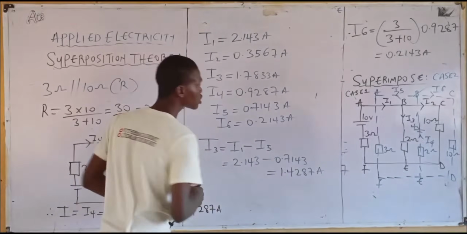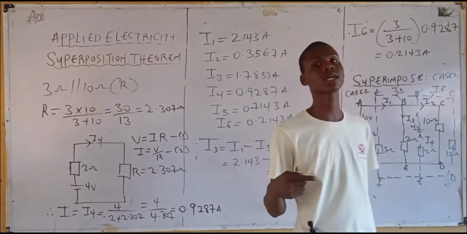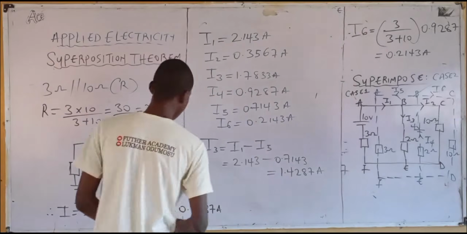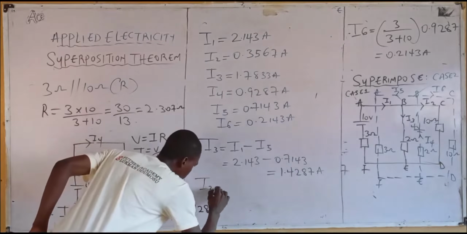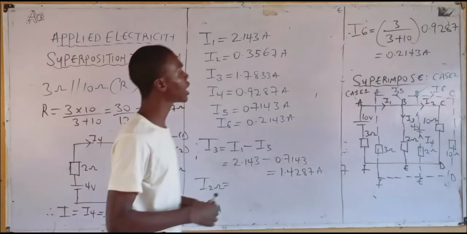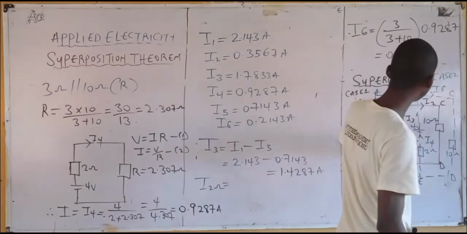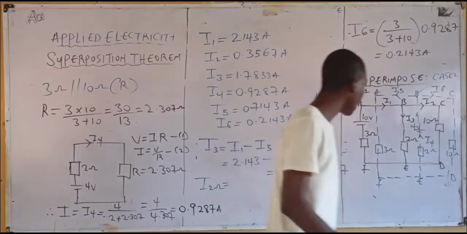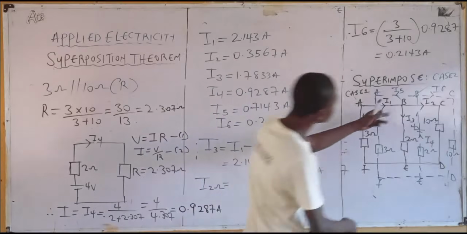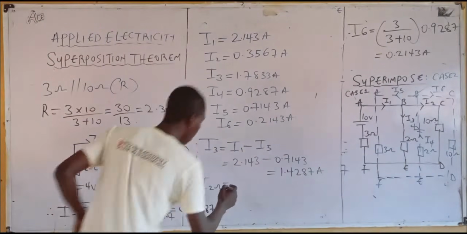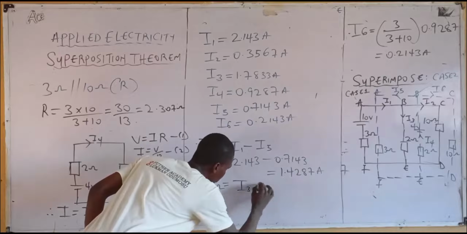Now, the next value of current is the I of 2 ohms. How do I get the I of 2 ohms? I3 minus I4, because this is I3, it is opposing the current of I4. So you have I3 minus I4.